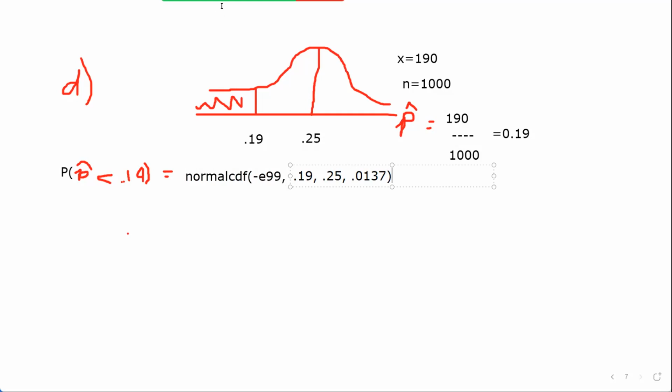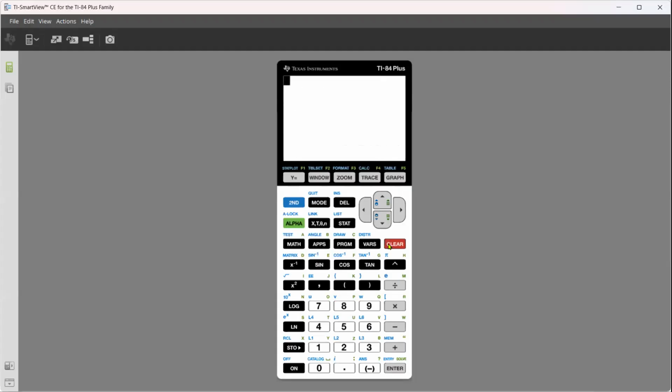So now we're going to get our calculator. Let's clear this mess. All right, we have second distribution, normal CDF. This is negative E99.